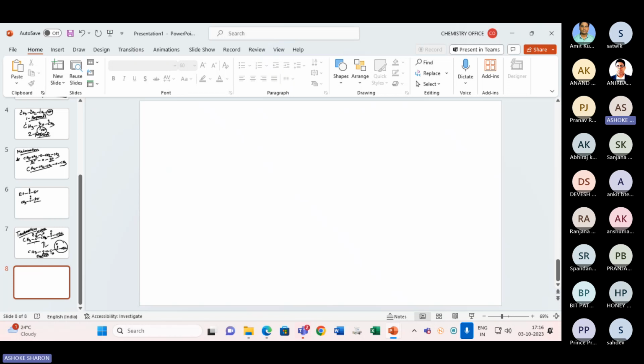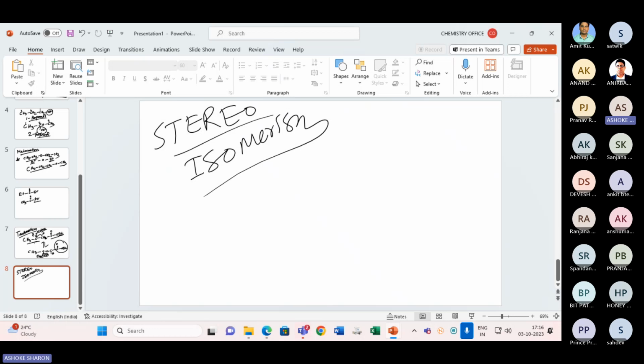But the other interesting one is stereoisomerism. I will discuss it in detail. The term stereo comes from when you try to draw a particular molecule in a 3D, three-dimensional orientation.